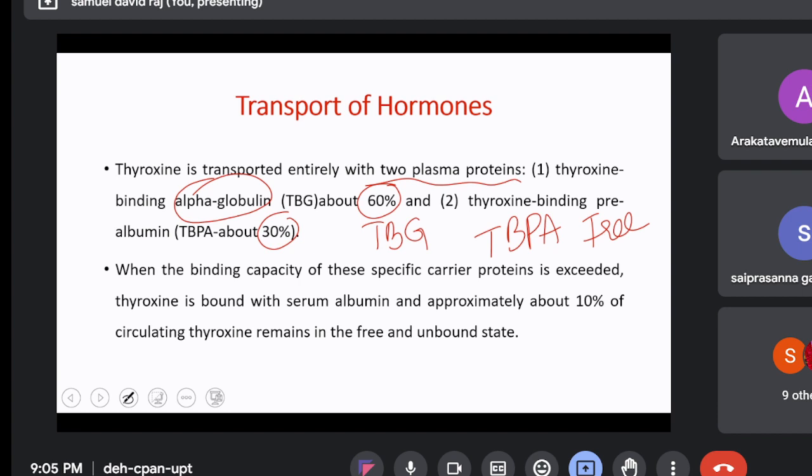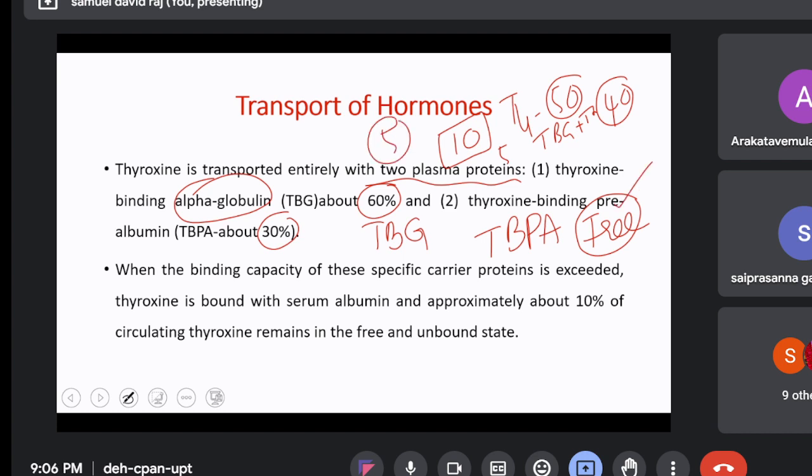So, let us say there are 50 T4 molecules and TBG and TBPA together can bind 40. That means there are still 10 T4 molecules which have to remain free. But in the free form only 10% can be carried, so let's say only 5 molecules can be transported in free form.